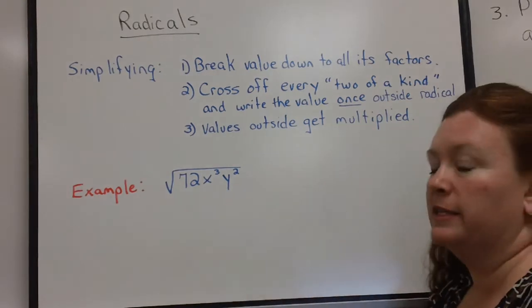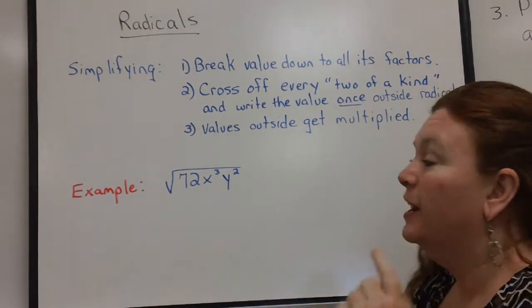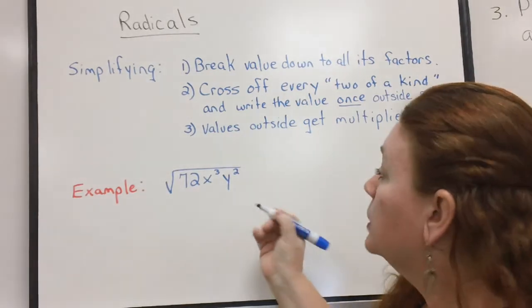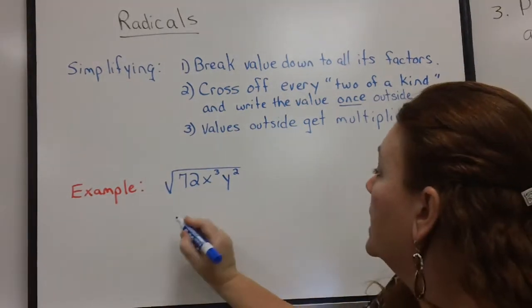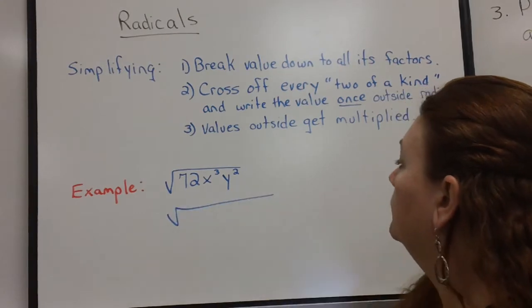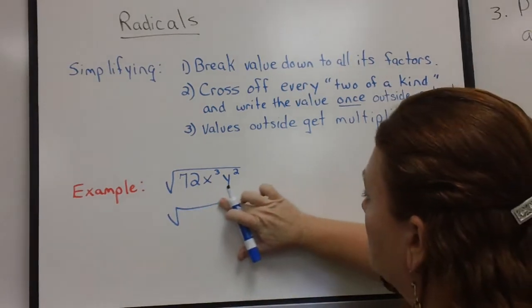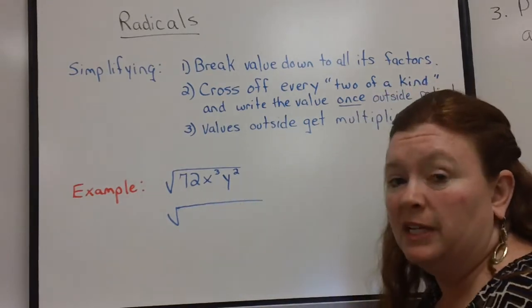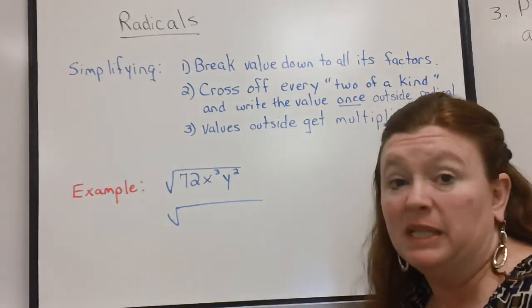So let's try this with the square root of 72x cubed y squared. First thing I'm going to do is break down the 72. What 2 numbers multiply to give me 72?